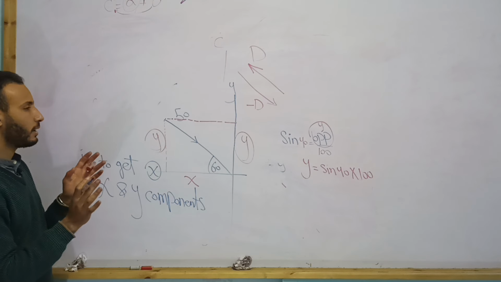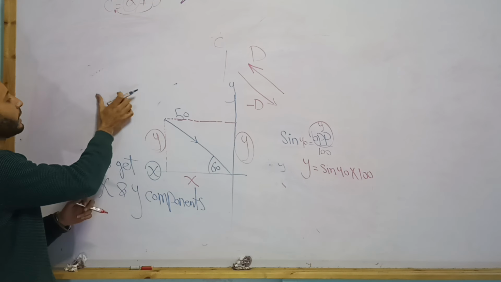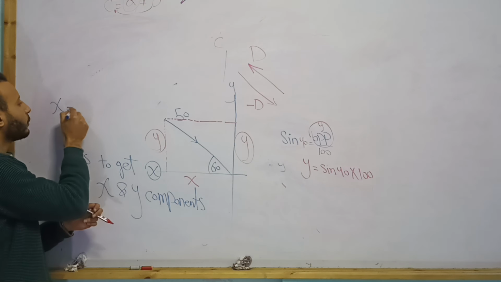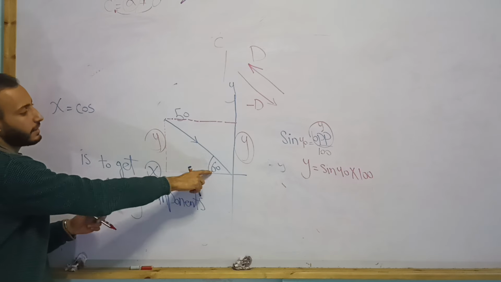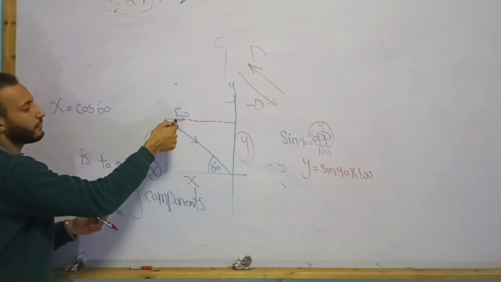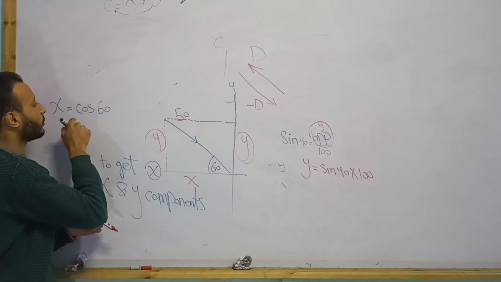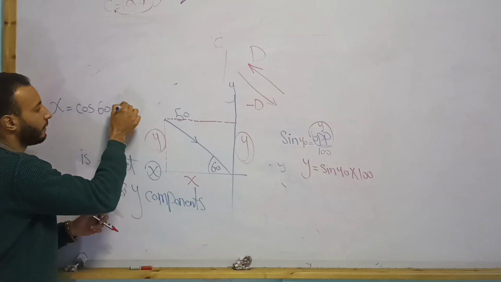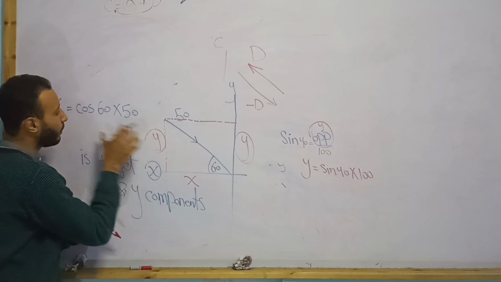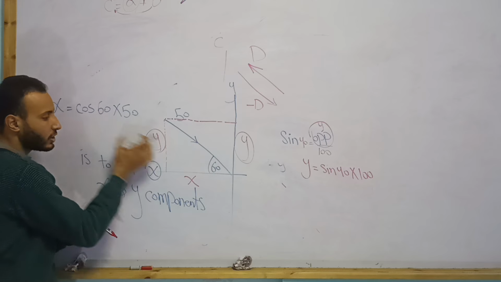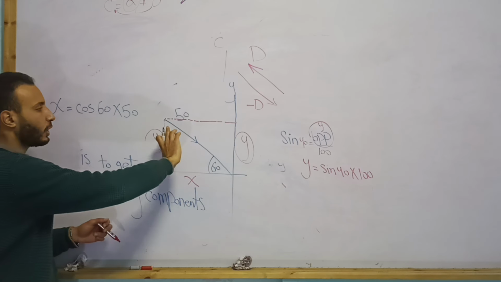So now, how we can get the x and y? As we said, x component is always equal cosine the angle, which is 60, times the vector. Where is the vector? This one is equal 50. So cosine the angle times the vector, and by this equation you get this part. And how we can get this part?